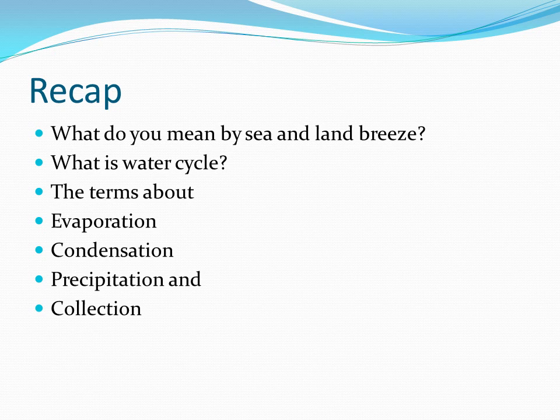In that water cycle, how the water is evaporated to the atmosphere and again how it comes back to the land. The complete cycle is called the water cycle. In this water cycle, four important terms were discussed: first evaporation, second condensation, third precipitation and fourth collection.